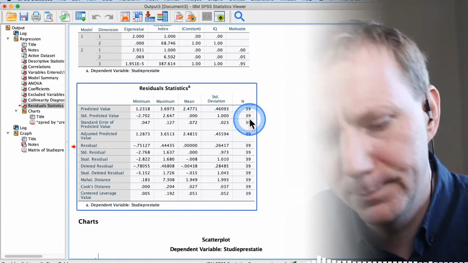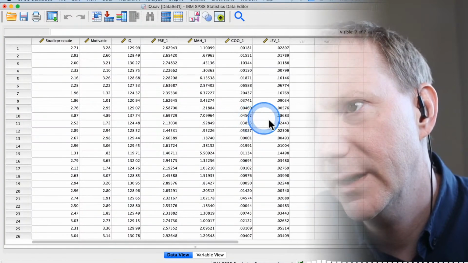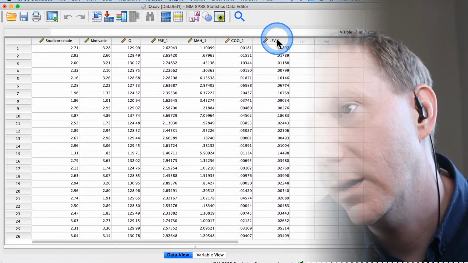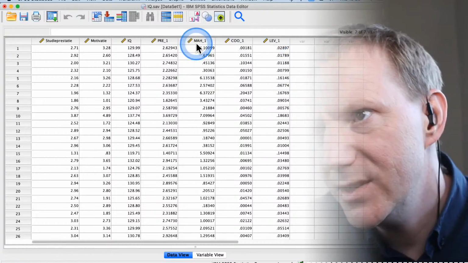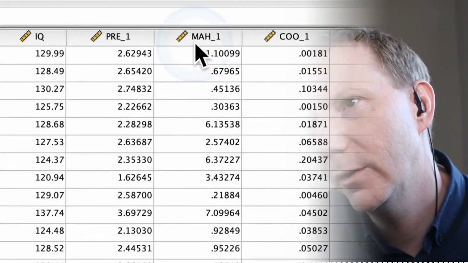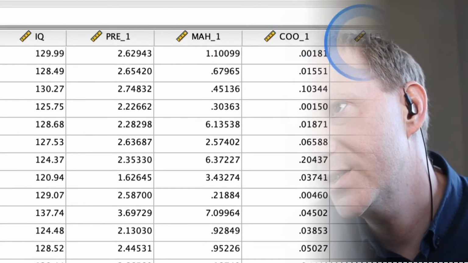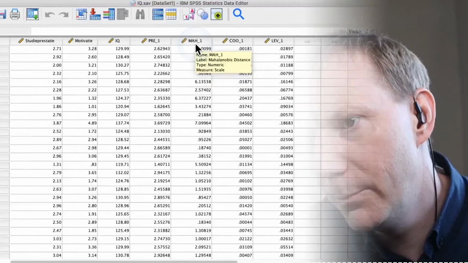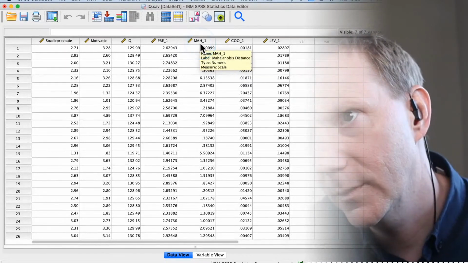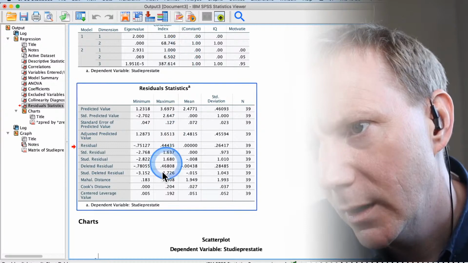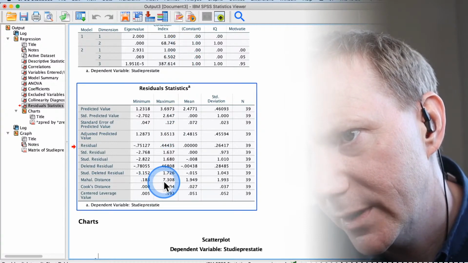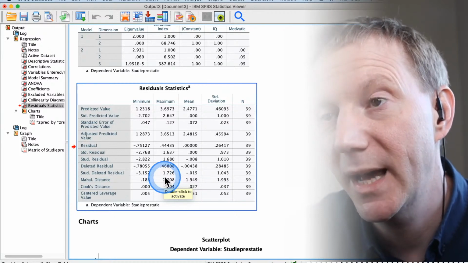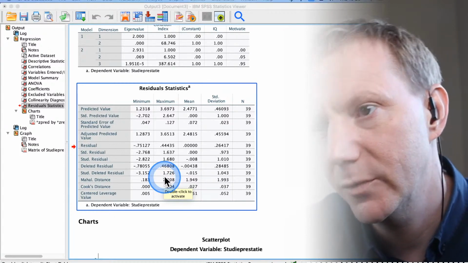If I go to our data set, that meant that we added a few columns. These are the columns for the Mahalanobis, the Cook's distance, and the leverage. And that maximum value of 7, we can find in our data because we added the columns of interest.